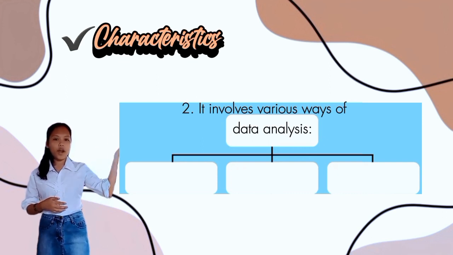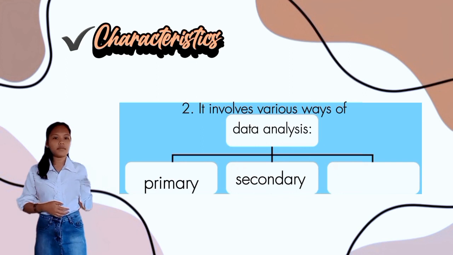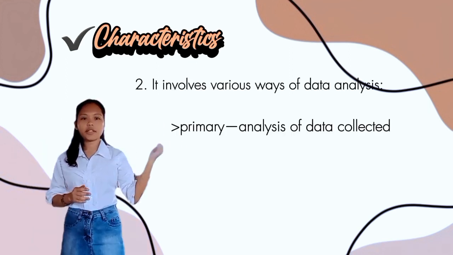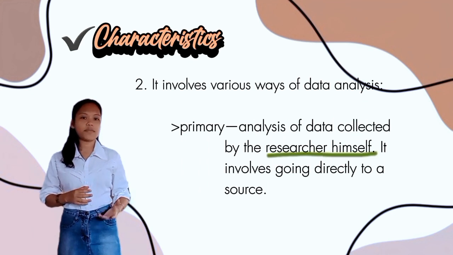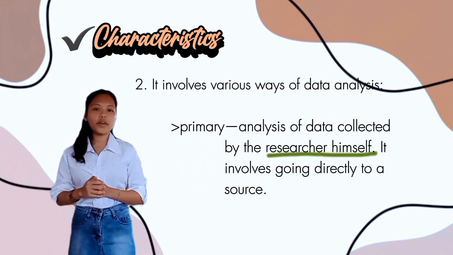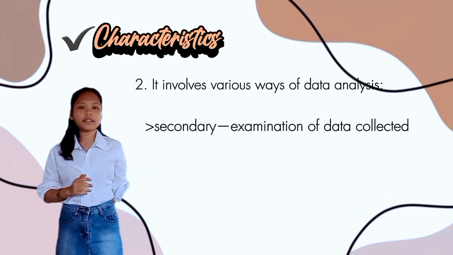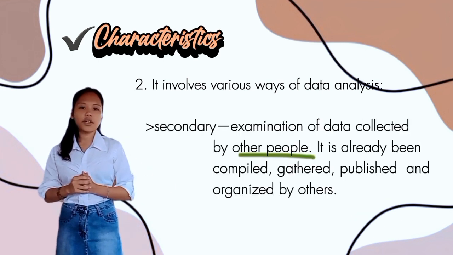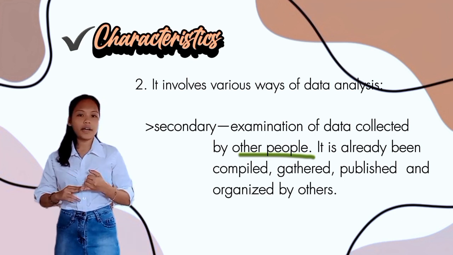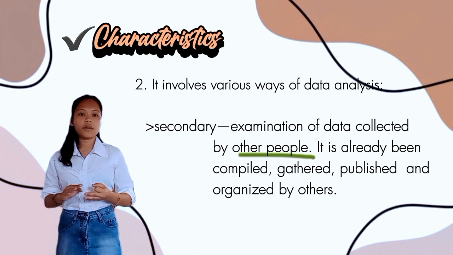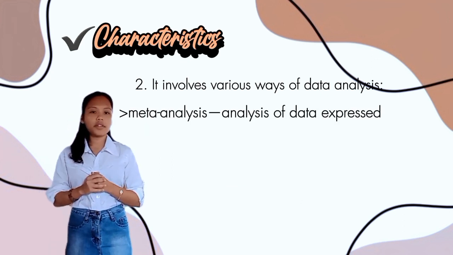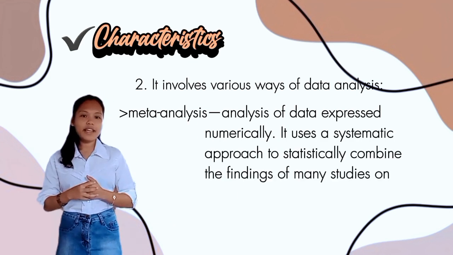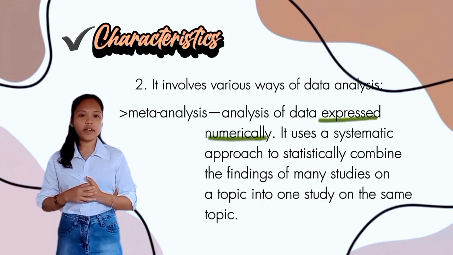These are primary, secondary, and meta-analysis. Primary is analysis of data collected by the researcher himself. It involves going directly to a source. Secondary is an examination of data collected by other people. It has already been compiled, gathered, published, and organized by other people. Last one is meta-analysis. It is analysis of data expressed numerically.